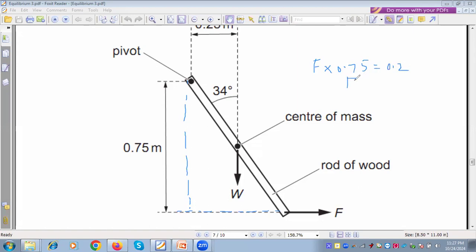So what is F? F equals 0.2 divided by 0.75.